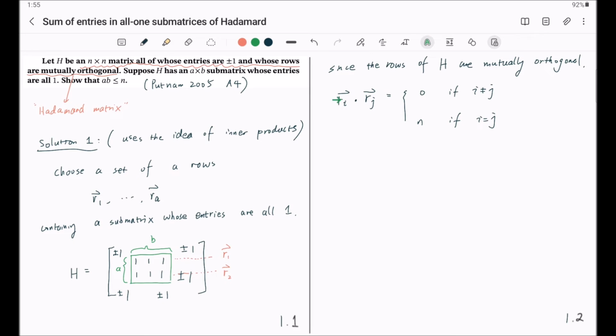When i is equal to j, they are identical, and because each entry is plus or minus 1, the dot product of Ri with itself must be n, the sum of squares of all of its entries, which is just n. And we mark this equation by star.